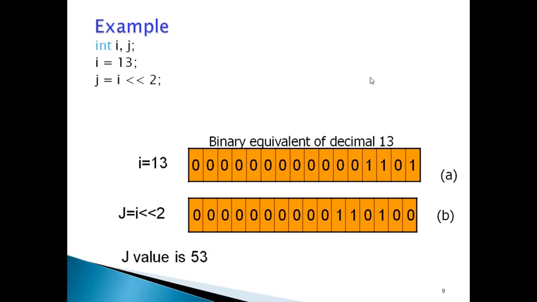Now the j value is the actual decimal value of 110100, which is 52. The i value is 13, and the j value is 52 because we performed the left shift operation.